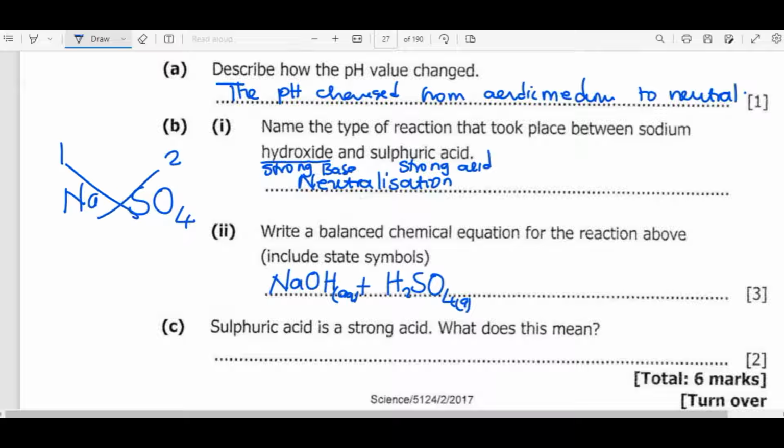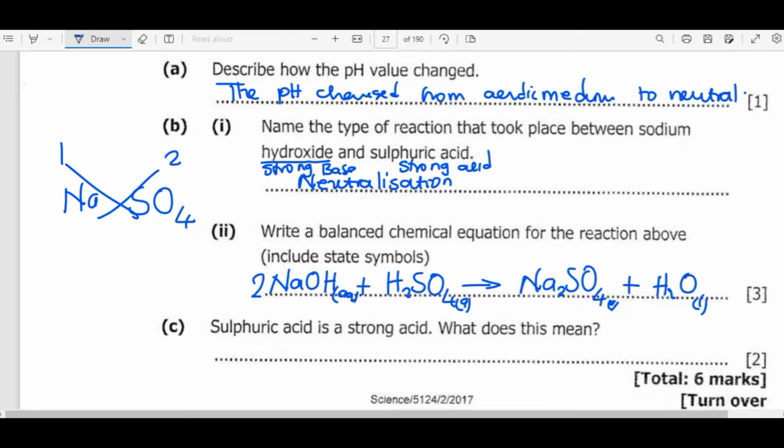So if we interchange, it will give us Na2SO4 in aqueous, plus what are we getting? The hydroxide will react with hydrogen, giving us H2O, which is water. So what are we supposed to do here? We can put the 2 in front of sodium hydroxide so that we can have 2 atoms of sodium on the reactant as well as on the products.